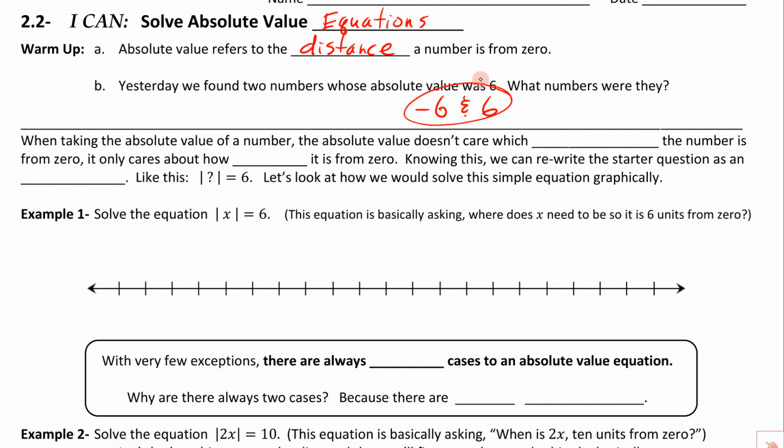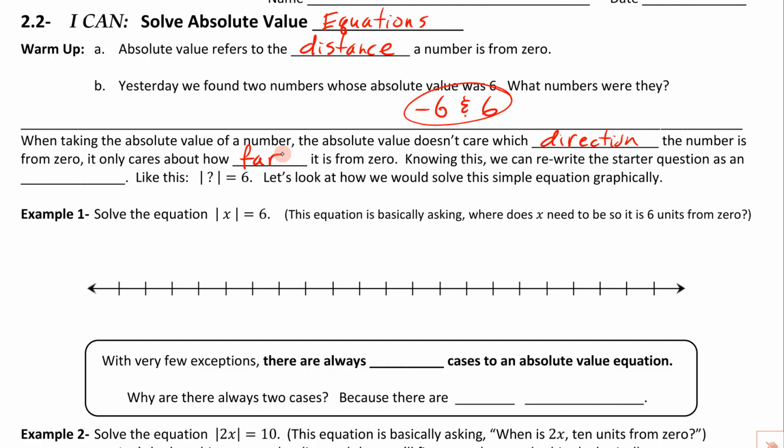It only cares about how far it is from 0. So it doesn't care which direction it is. It can be to the left or to the right. What it cares about is how far is it. Like in this one, we wanted an absolute value of 6. It needed to be 6 units away from 0.